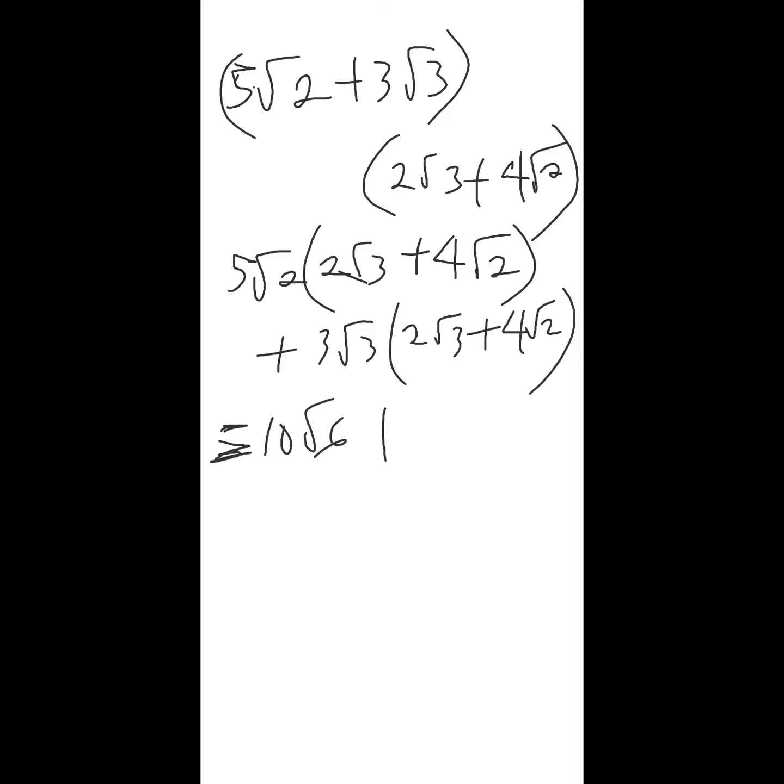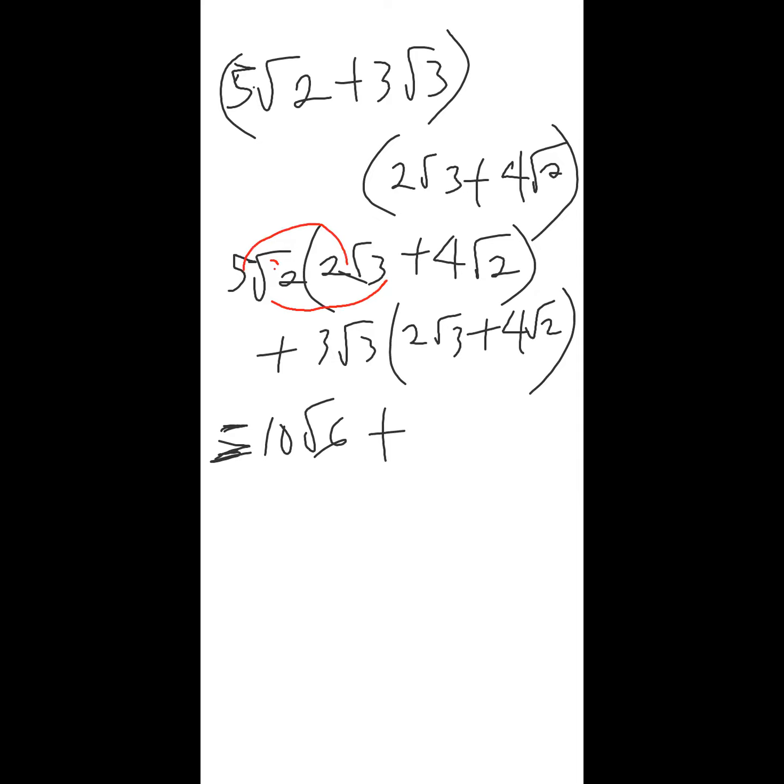So it will be plus, because you'll be wondering, how did I get what I got? So let me use this. We've done this. How do I place it now? Root 2 is multiplying root 3. 5 is multiplying 2. That was how I got 10 root 6.